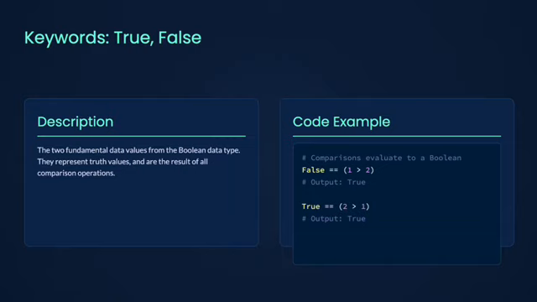Every time you make a comparison, like is 1 greater than 2, the answer Python gives you is one of these two values. As you can see in the code, checking if False is equal to the expression 1 greater than 2 evaluates to True, because the expression 1 greater than 2 is in fact False. Likewise, 2 greater than 1 is True.